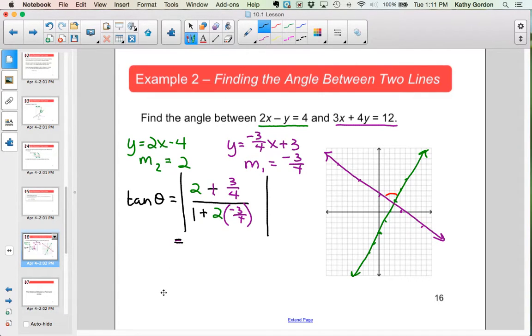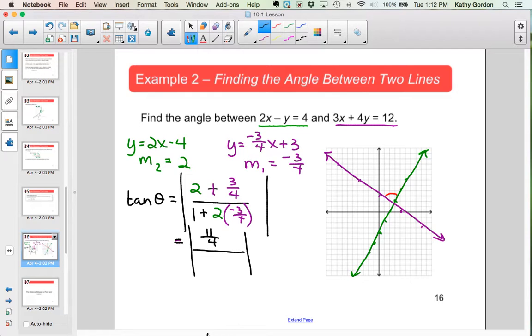2 plus 3/4 is 11/4. Yeah, and you're going to want to change it into an improper fraction because ultimately we're going to need to take numerator divided by denominator, so having it in fractions makes that easier. So 11/4 in my numerator.